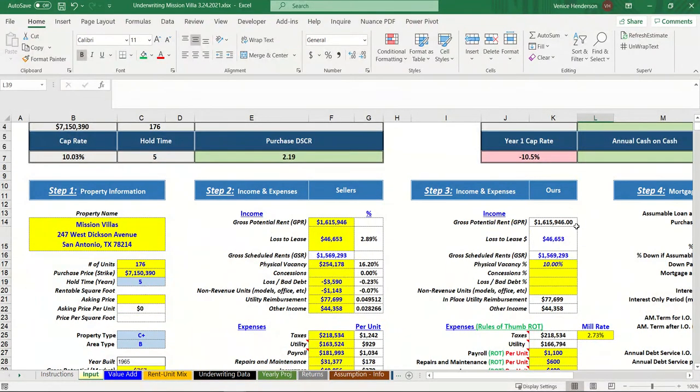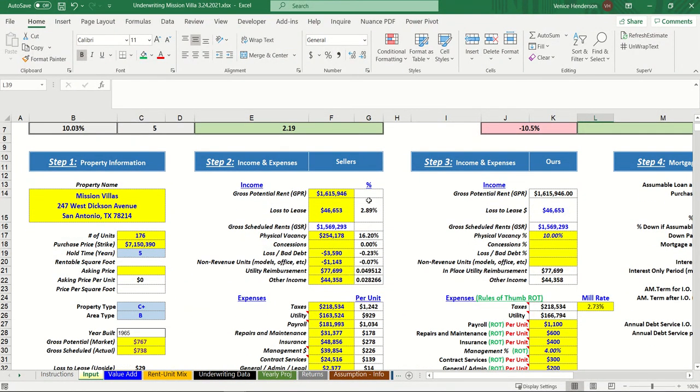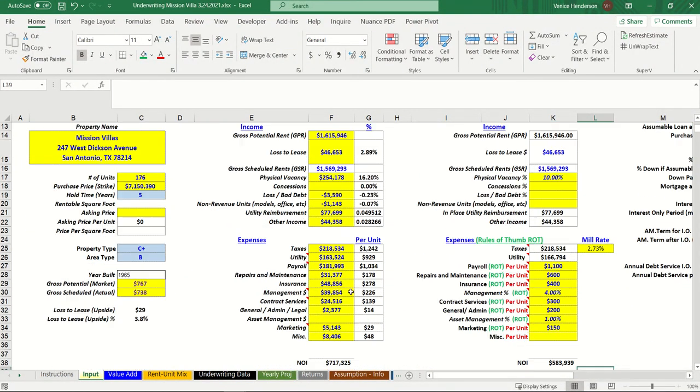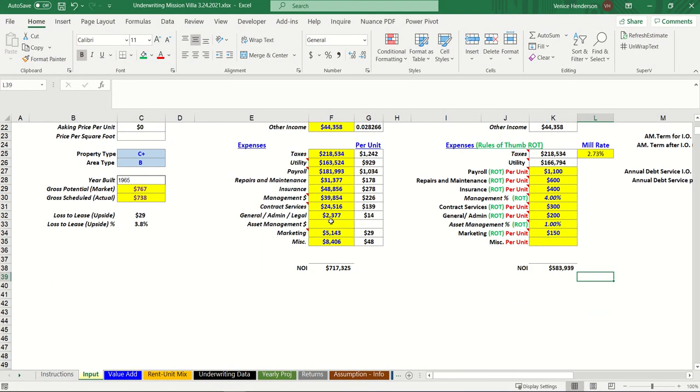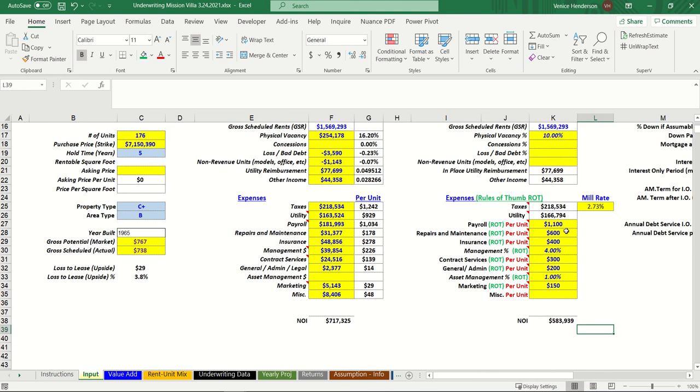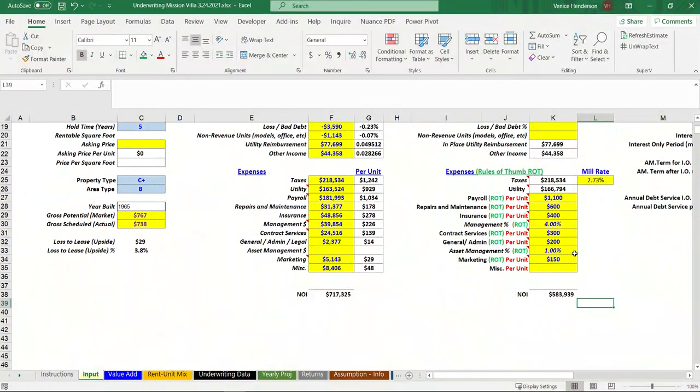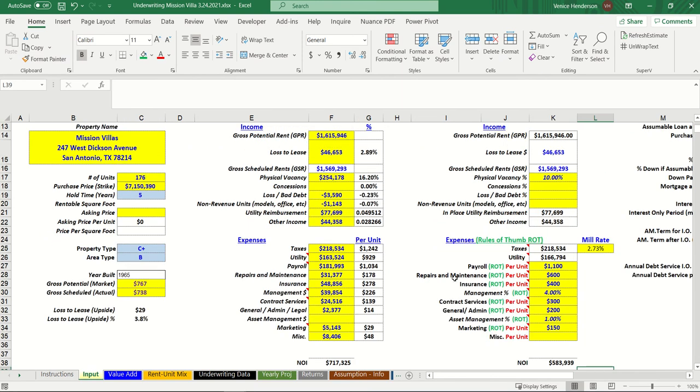But when I look at their income, that theory works with their presented numbers, but in theory it doesn't work with what we are saying. So our expenses come in a lot higher than what theirs were coming in at. So that's how they were making money. They were skimping on expenses.